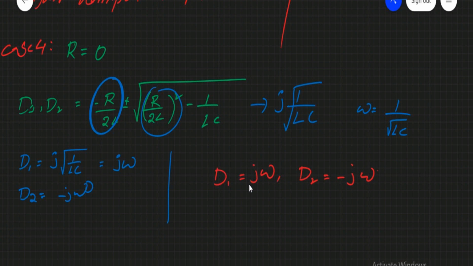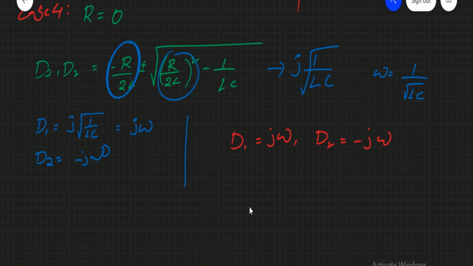These two are the roots when R equal to 0. Then in this condition, Vc of t is equal to C1 cos omega t plus C2 sin omega t.